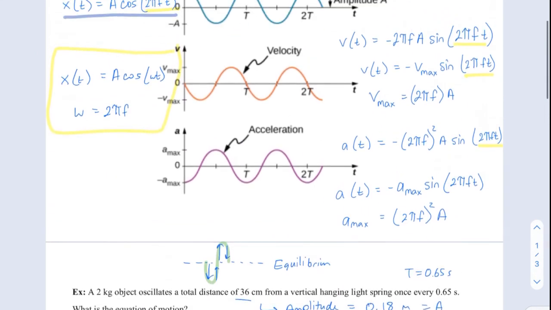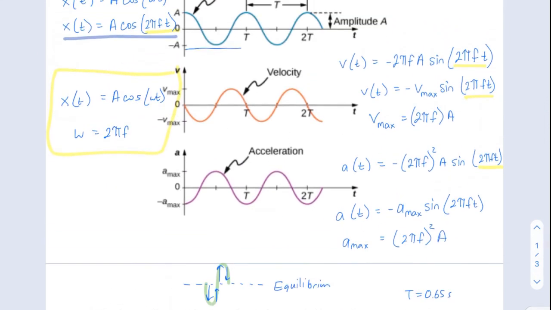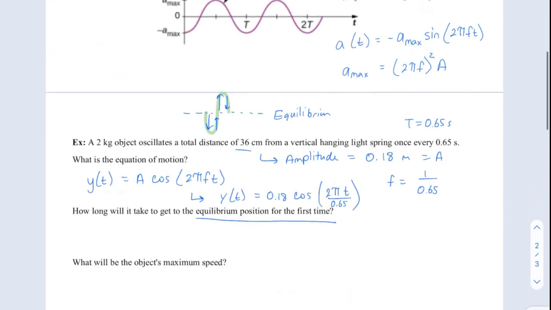You can think of it from this graph here. This whole distance is that 0.65 seconds, so just to get to the equilibrium position right here would be 1/4 of the period. The time would be 1/4 of my period, which comes out to be 0.1625 seconds.